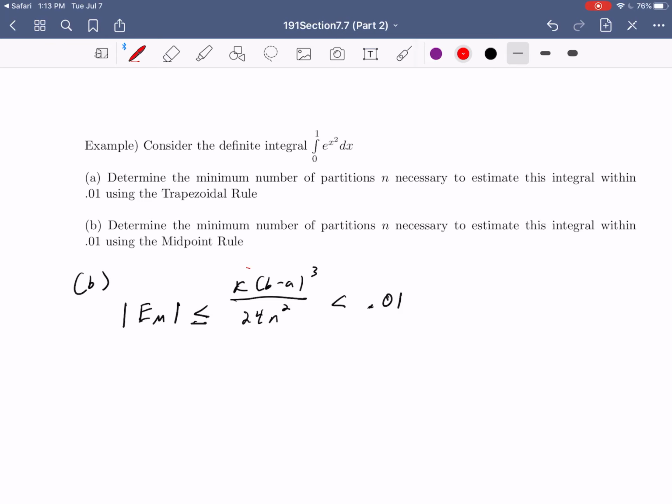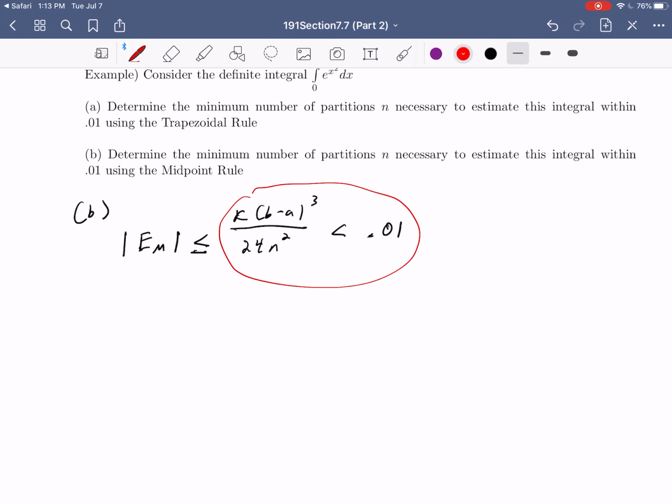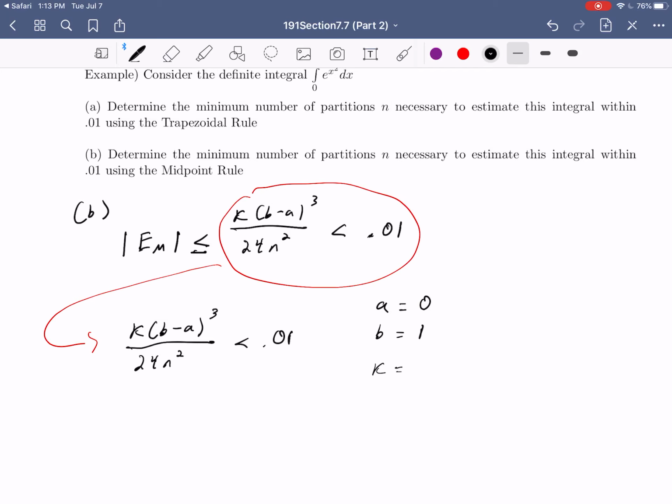And so once again, we're going to focus on this component here. So we're going to pull this over to here. We're going to say that we want to solve k (b minus a) cubed over 24n squared less than 0.01. That means we're going to need to know the a, b, and k. Obviously, a is 0 and b is 1.